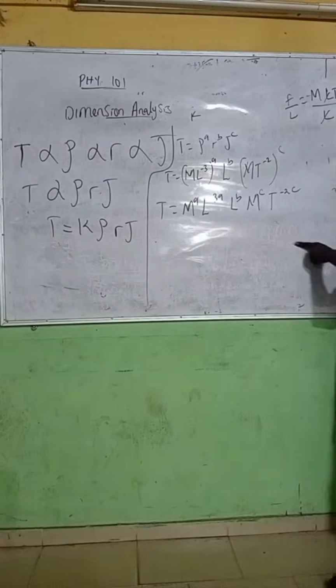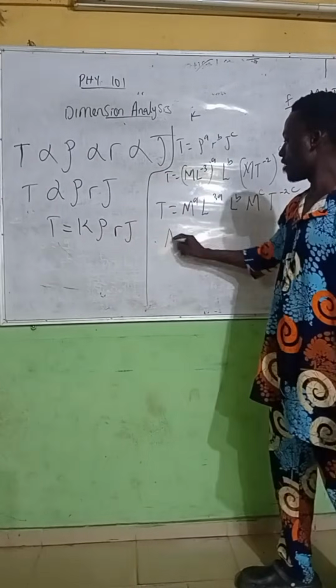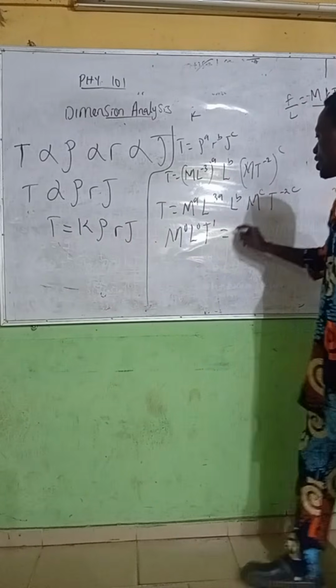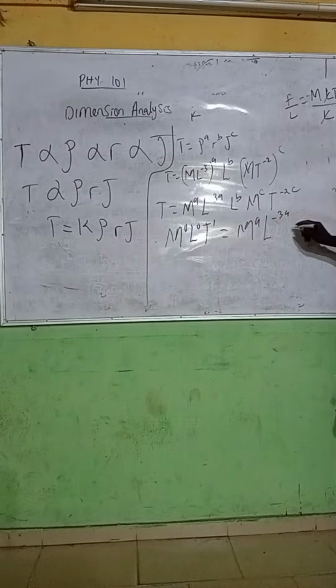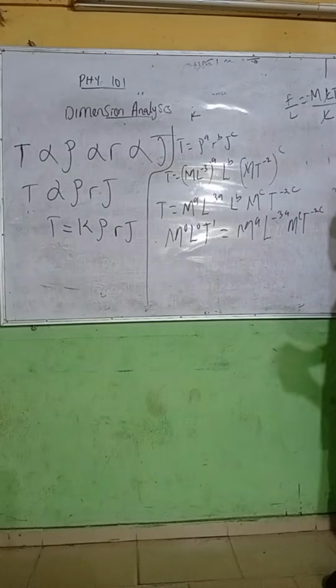I have M, L, and T here, but I only have T here. So I want to write this side to have M and L. M raised power 0, L raised power 0, T raised power 1 equals to what? M raised power A, L raised power minus 3A, M raised power C, T raised power minus 2C. Are we together? No, these two are just one. I'm not changing anything. So I want to compare both sides.